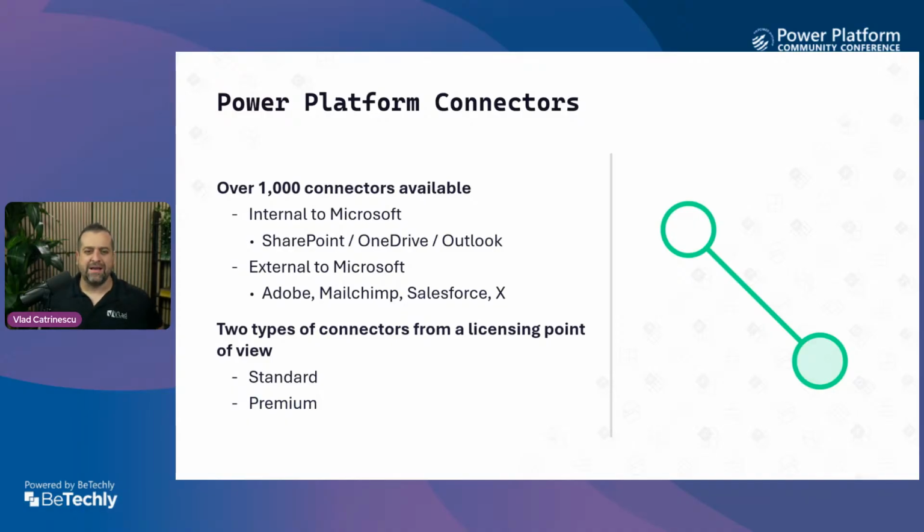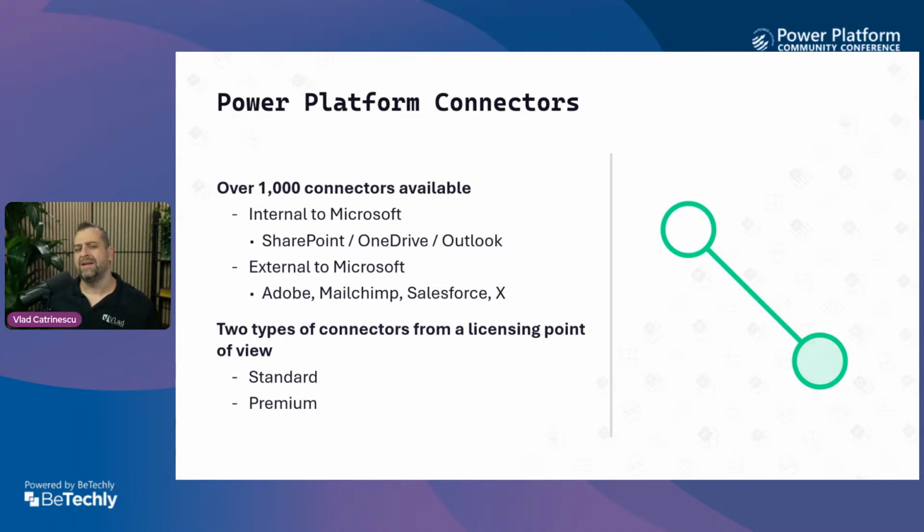But everything that's included with Microsoft 365, so your SharePoint, OneDrive, Outlook, Teams, Planner, everything that's included with M365 or consumer platforms, they are probably standard. If it's an enterprise third-party service, like think of Salesforce or MailChimp, or a Microsoft service that you would pay extra for.